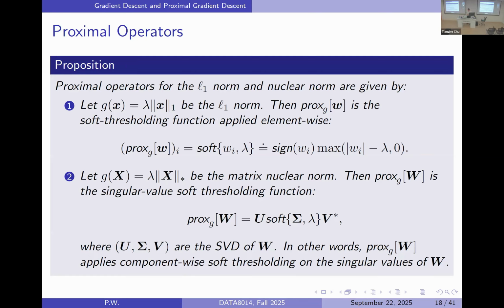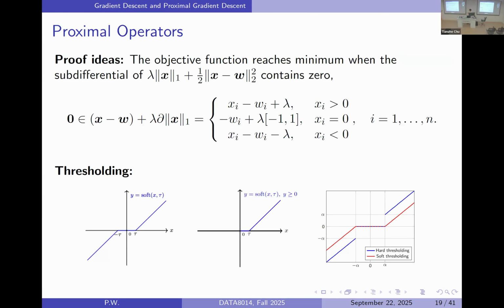Here we use a concrete example to demonstrate how to compute the proximal operator of the L1 norm. You minimize this convex problem, where the L1 norm is a non-smooth convex function plus a quadratic function. How do we compute the closed form of x?